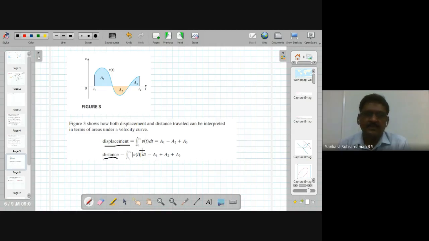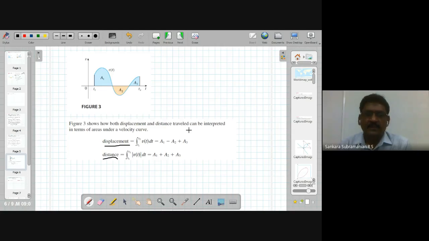That is the difference between simply evaluating a function and evaluating the function in its absolute value. If there is any negative value, then also you have to add it. So this diagram will help you understand the difference between displacement and distance.